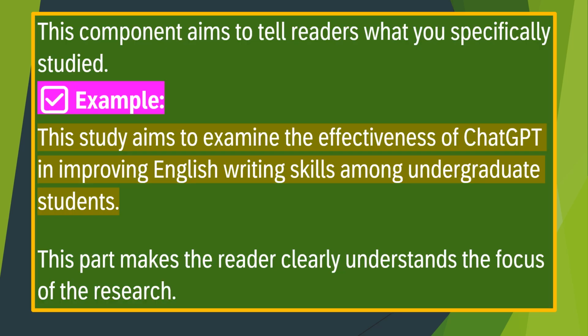This component aims to tell readers what you specifically studied. Example. This study aims to examine the effectiveness of ChatGPT in improving English writing skills among undergraduate students. This part makes the reader clearly understand the focus of the research.